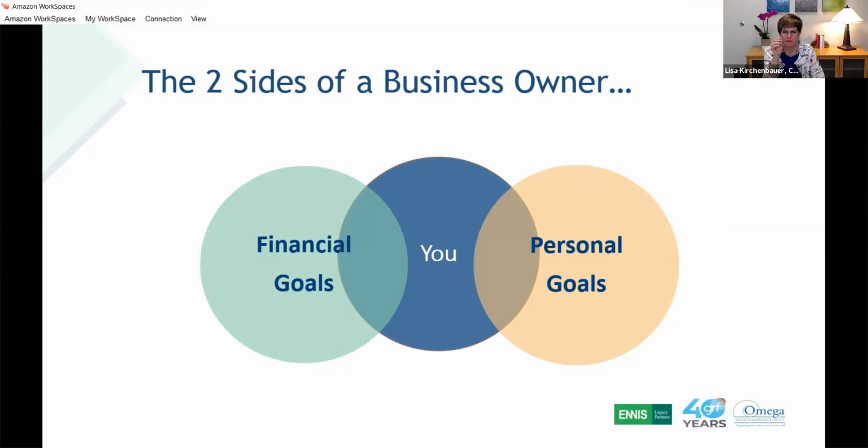All right. Well, to pick up on what you're saying, Corby, there's almost really 4 sides to this, because there's you personally, your personal goals and your financial goals, and then you in the business as a business owner, the business's goals and the business's financial goals. And that makes it even a little more complex.